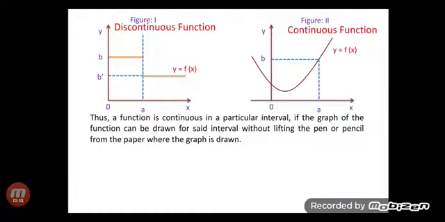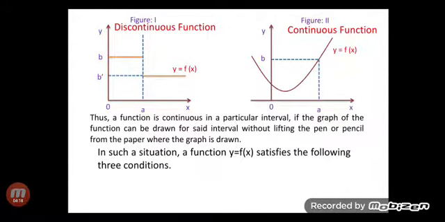Thus, a function is continuous in a particular interval if the graph of the function can be drawn for that interval without lifting the pen or pencil from the paper where the graph is drawn. In such a situation, a function y is equal to f(x) satisfies the following three conditions, which we have already mentioned in the earlier slide.